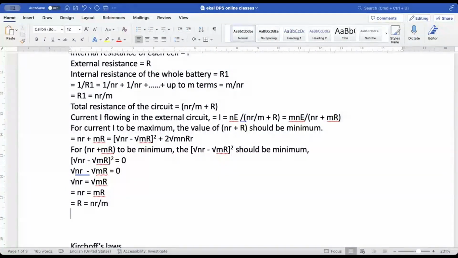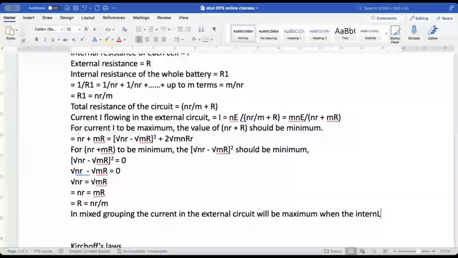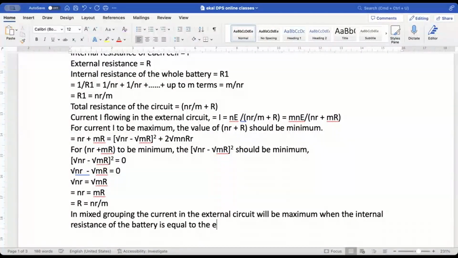So we may write in mixed grouping, the current in the external circuit will be maximum when the internal resistance of the battery is equal to the external resistance.